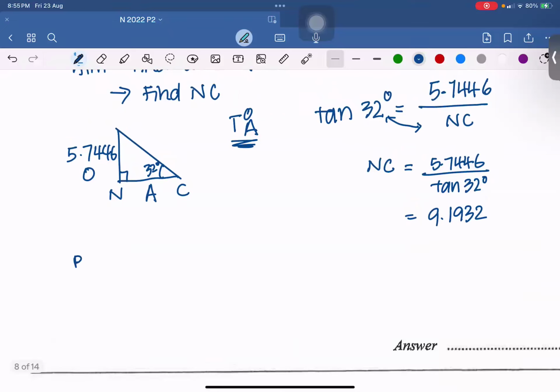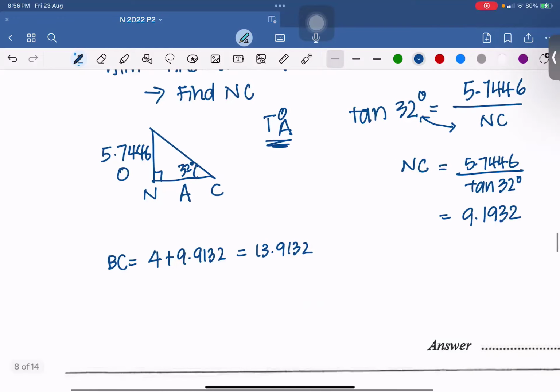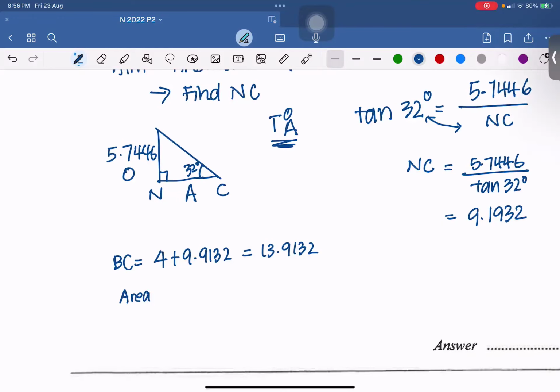BC equals 4 plus 9.1932. Correct? Then area of triangle, half times base times the height. Which one is the height? Oh, 5.7446, correct? Okay. Please calculate this for me.